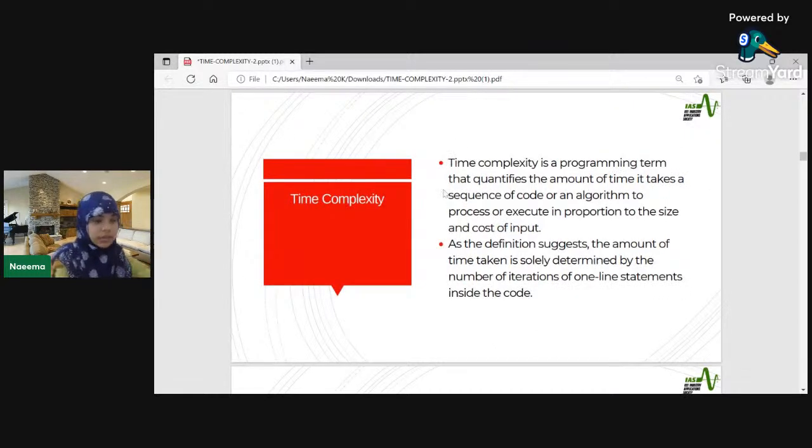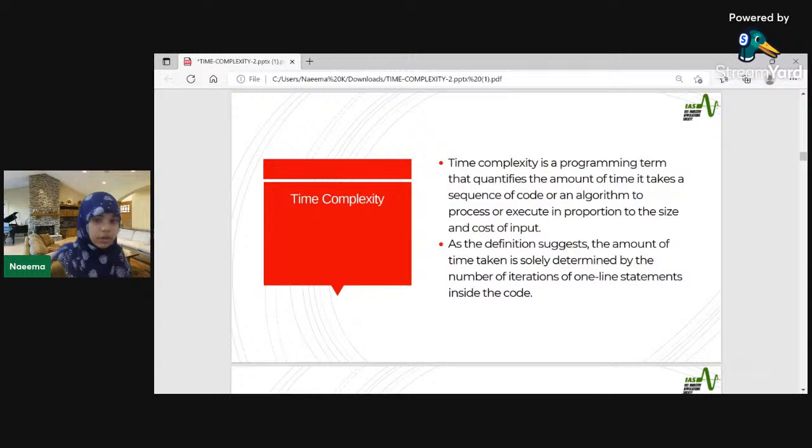What is time complexity? Time complexity is a programming term that quantifies the amount of time it takes a sequence of code or an algorithm to process or execute in proportion to the size of input. So time complexity shows how time taken to execute an algorithm grows with the size of input. So the time complexity is the number of operations it takes to complete the task.